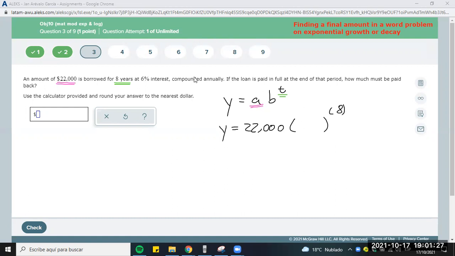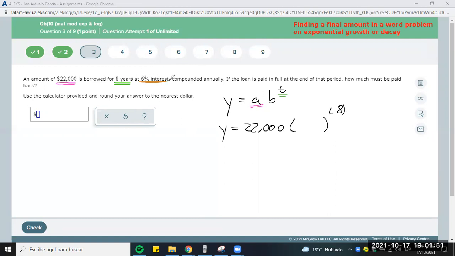And then the next number we have is 6% interest. When you borrow money from the bank or wherever, they charge interest for the loan, right? In this case, they are charging 6% interest.